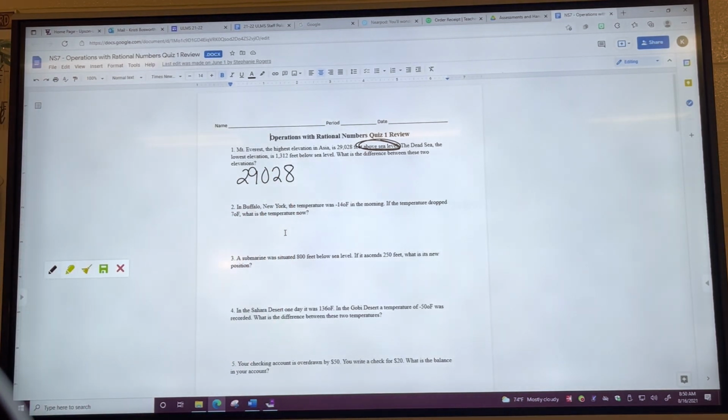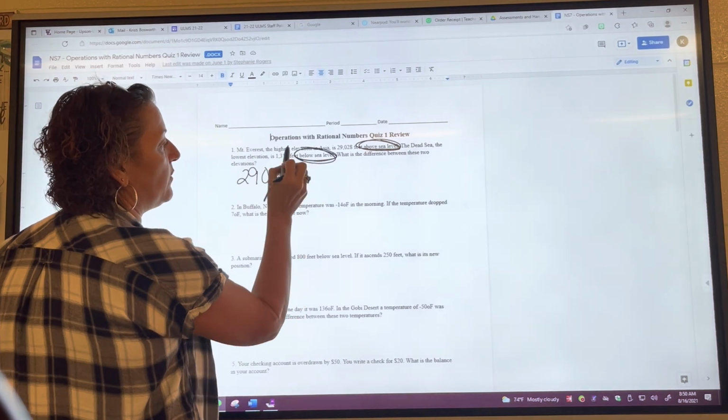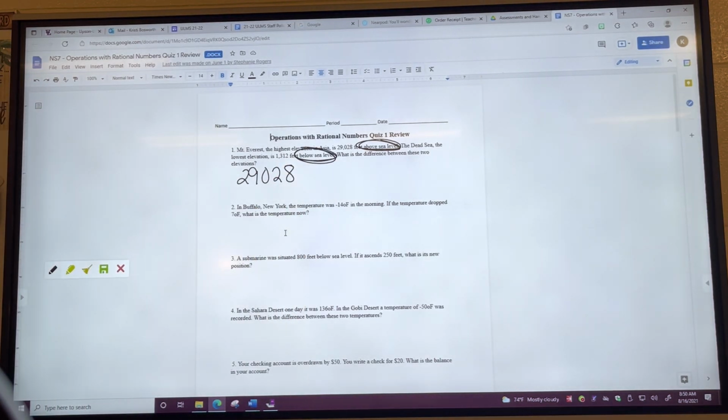The Dead Sea is the lowest, and it is 1,312 feet below sea level. So, what is the difference? What does difference tell us to do? It tells you to subtract.